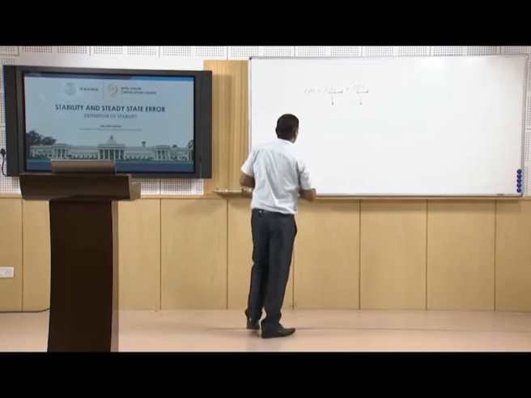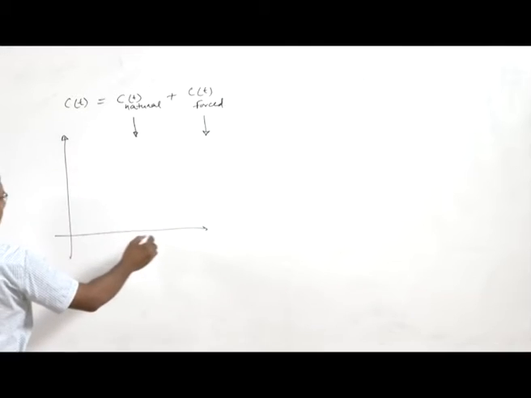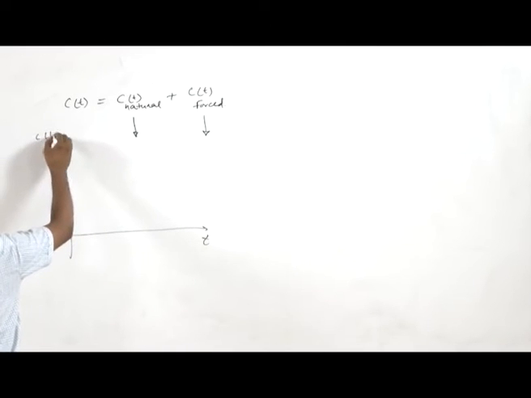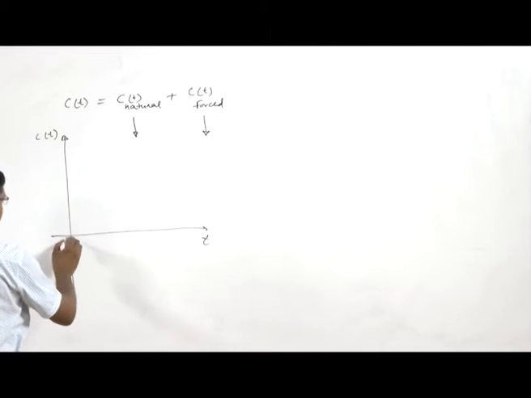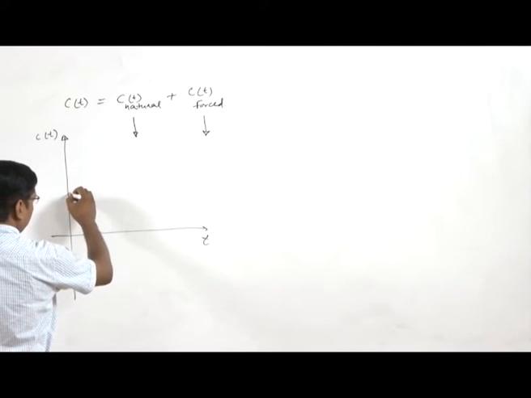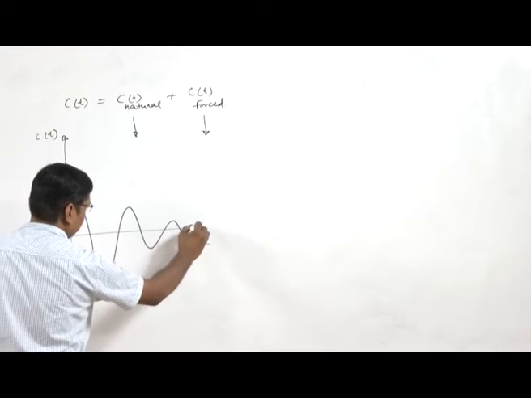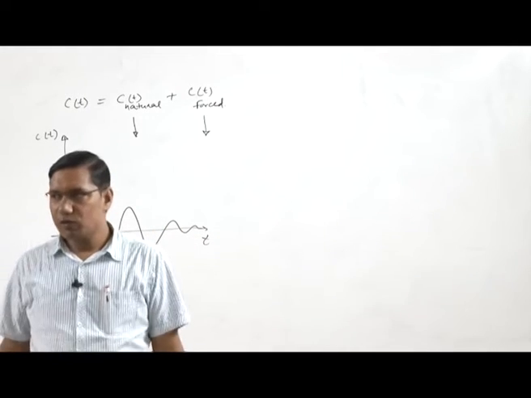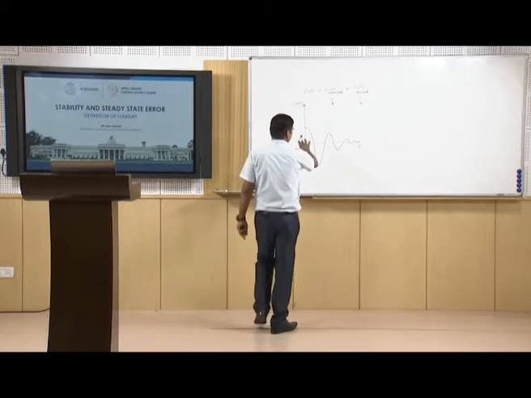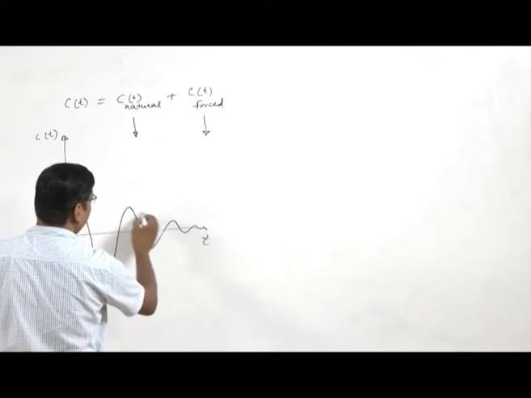For example, if we take one example here, this is time, this is C(t). Let us say this is the natural response of a second order system. This response should approach 0 with time. For the underdamped second order system, it is an exponentially decaying amplitude.